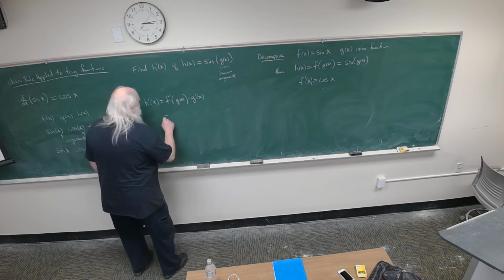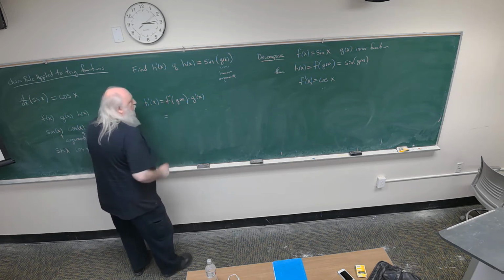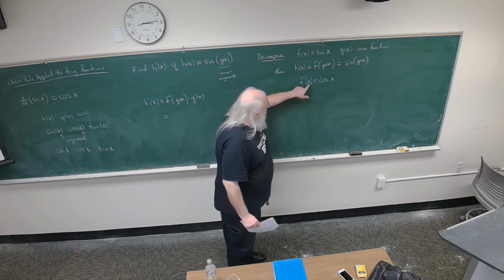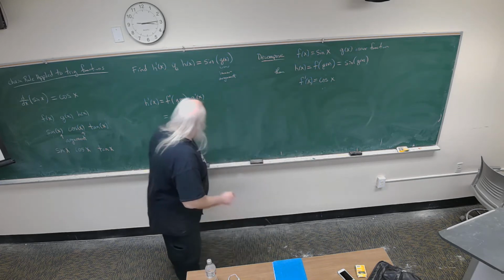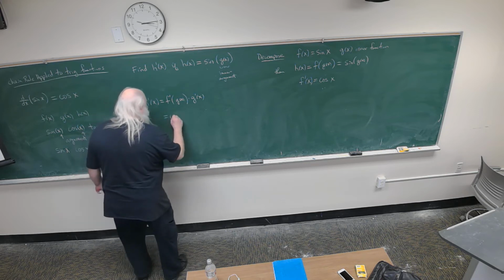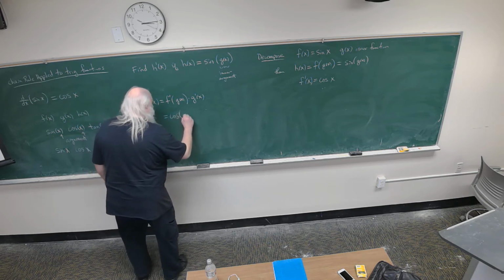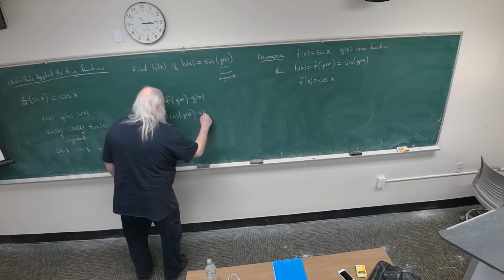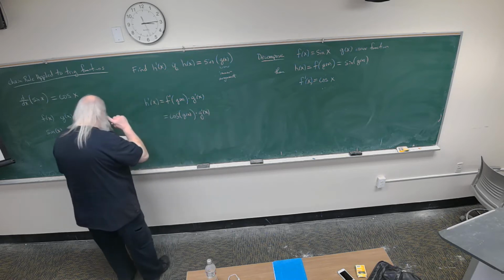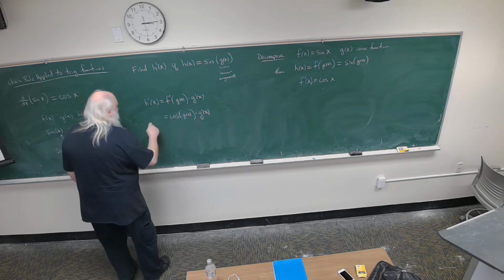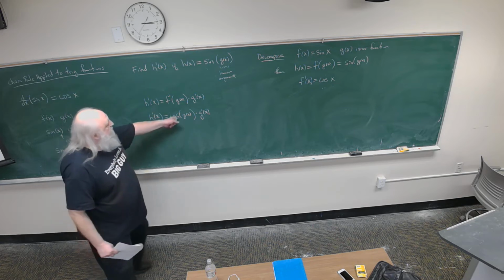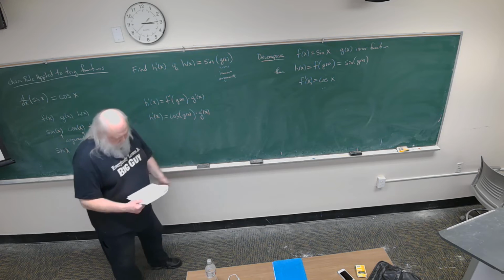To find f prime of g of x, you replace x with g of x. So we have the cosine of g of x times g prime of x. So that's what h prime of x is equal to. So that's what the derivative of sine of g of x is equal to.